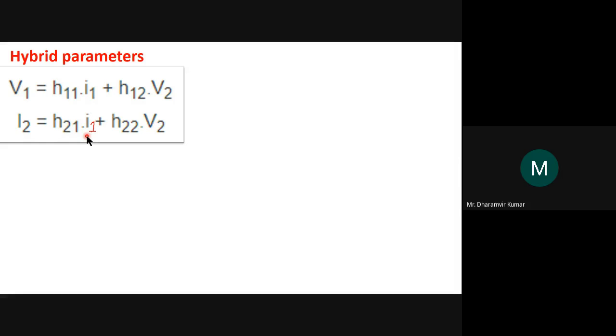This is how we can know the characteristics of these four parameters: H11, H12, H21, and H22. These four parameters are called hybrid parameters.